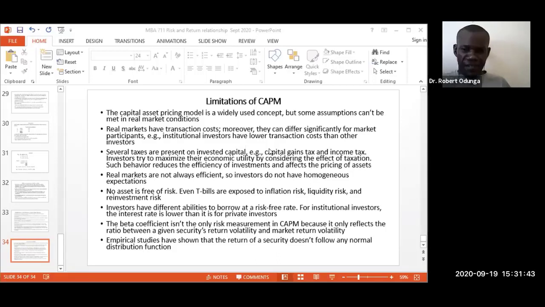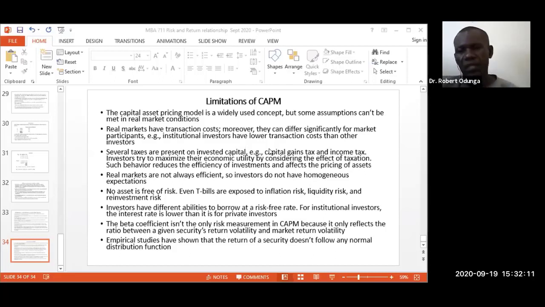In a real typical market, we cannot miss that. Moreover, transaction costs can differ. Institutional investors have lower transaction costs than other investors. Institutional investors normally have huge investments because they use economies of scale.